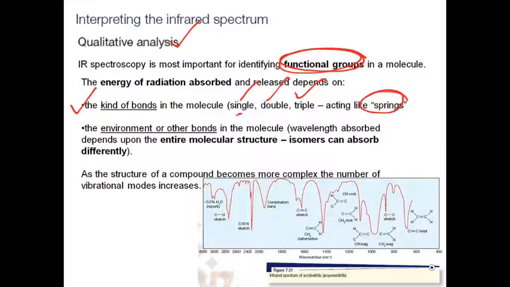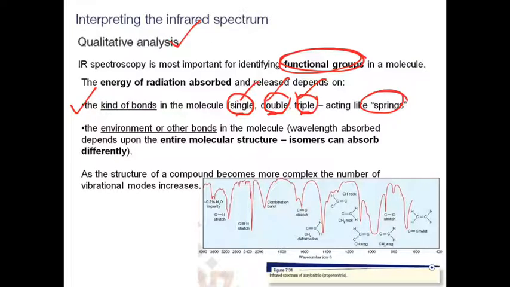This is like a loose spring here, this is like a tighter spring, and this is like a really, really strong spring. If you pull something on the end of that spring, it's going to be slowly vibrating upwards and downwards. This one here is going to be going faster, and this one here, it's going to go boing, boing, boing, because it's a really strong spring.